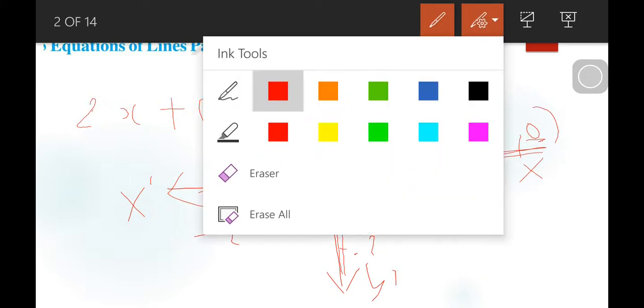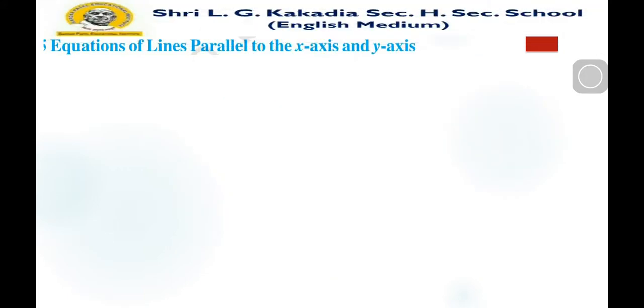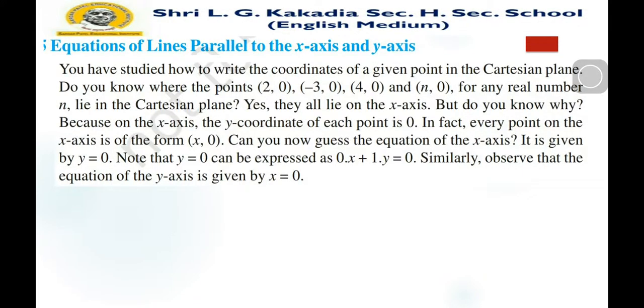You have studied how to write the coordinates of given points in the Cartesian plane. Do you know where the points (2, 0), (-3, 0), (4, 0) and (n, 0) lie? Here the first coordinate is x, the x coordinate, and the y coordinate is 0.